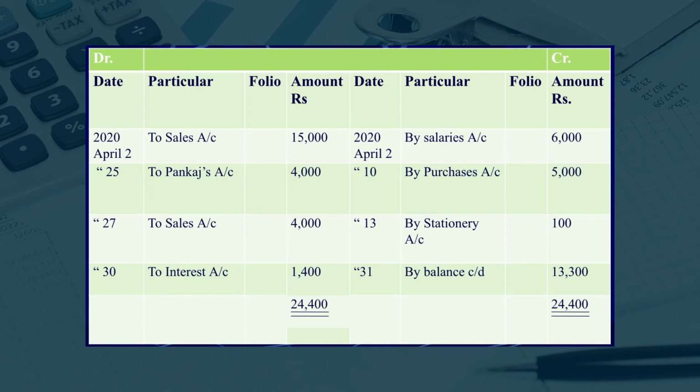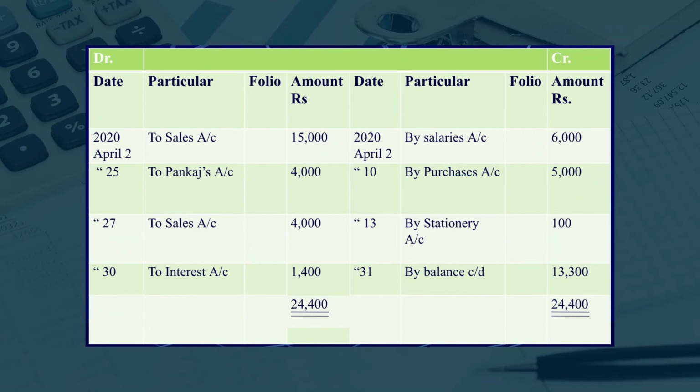So, the difference is 24,400 minus 11,100. So, the difference is 13,300. So, this difference we write here in order to make the balance of both the sides. We write here by balance CD 13,300.